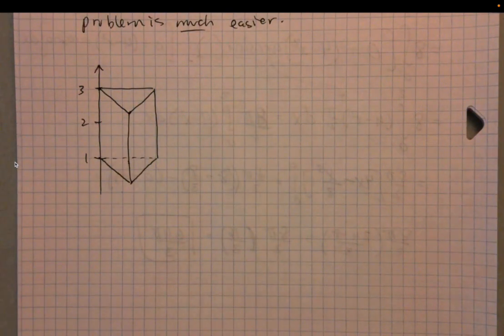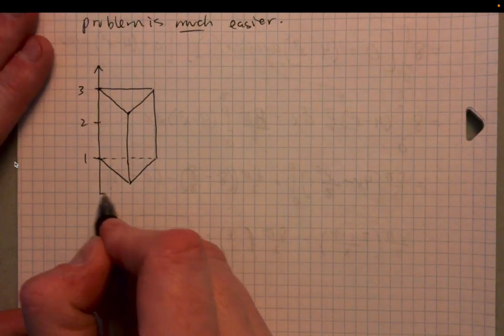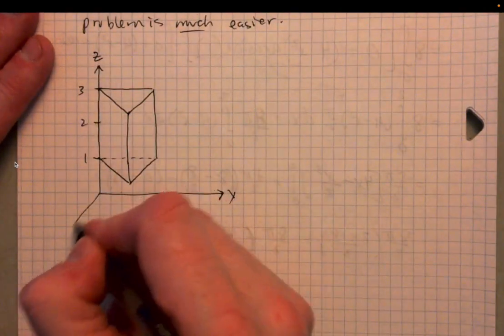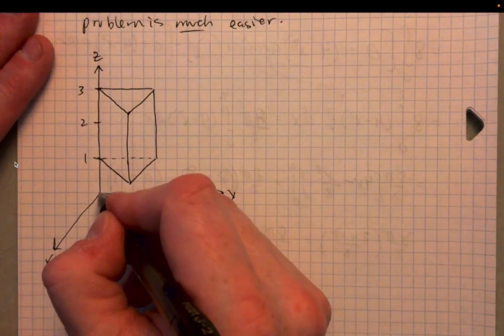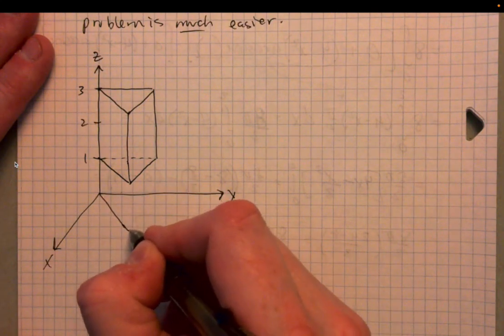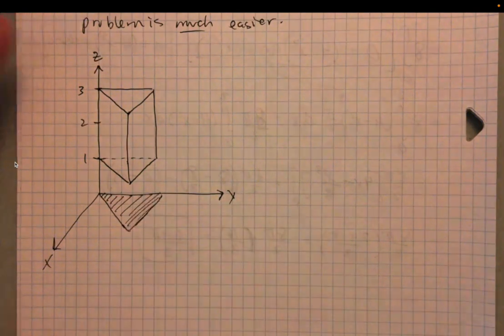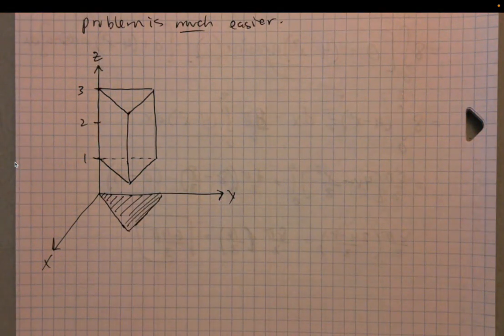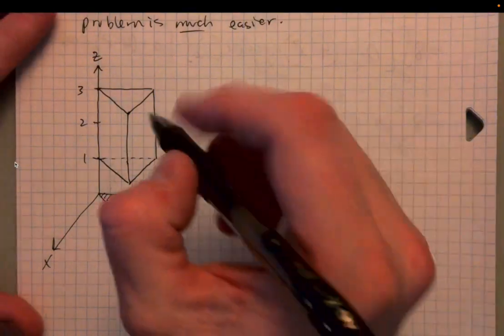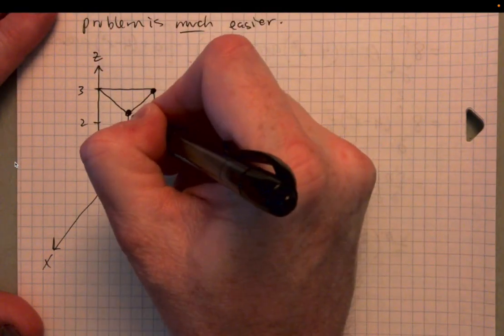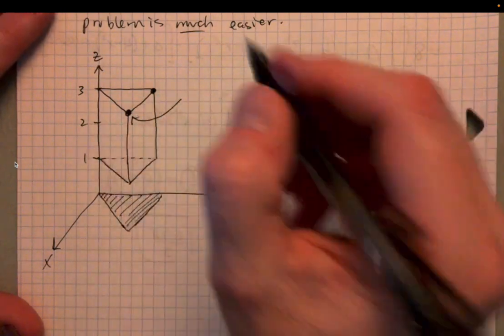Okay. And so if I draw my y-axis here, so this is the z-axis, and I draw my x-axis down here, then the shadow or the projection looks a bit like this in the xy plane. A couple of points of interest: this point here, what point is that?